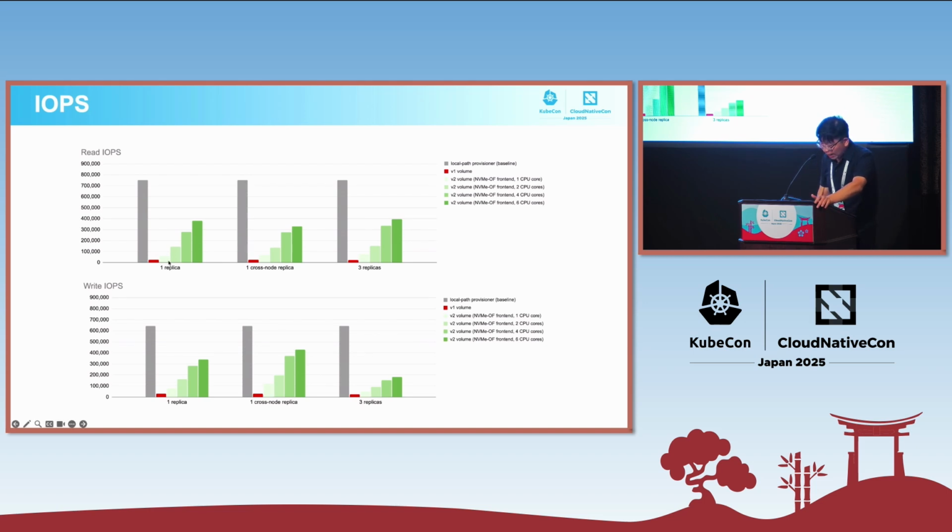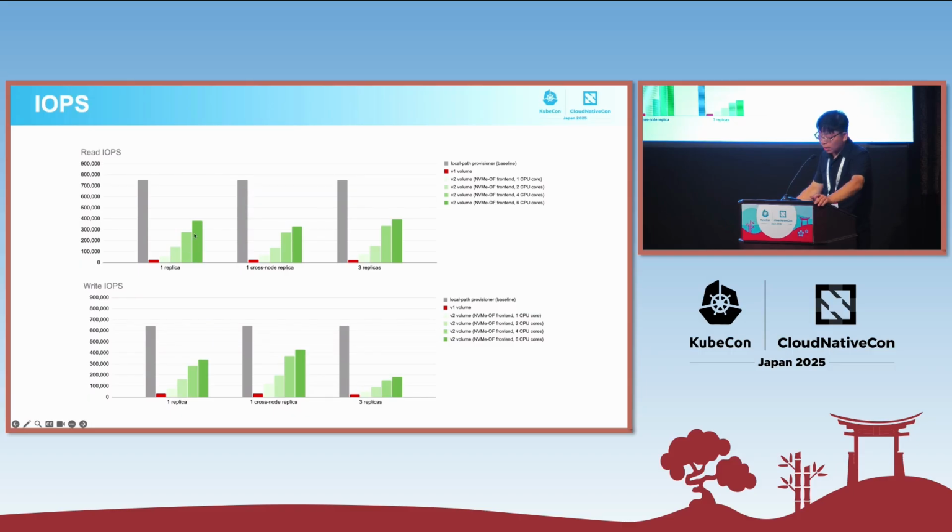For the green bars, they are the V2 data engine using the NVMe-oF front end. This is the single CPU core; we assign a single CPU core to the Longhorn SPDK target. And this is 2 cores, 4 cores, and 6 cores.